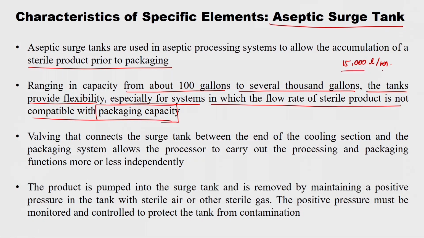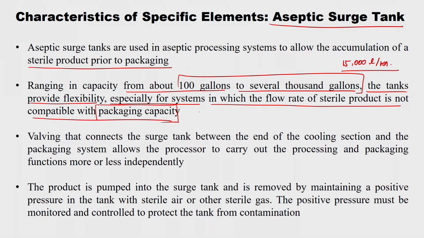So, I am producing 15,000 liters per hour, but I will only be able to handle less than that, then maybe of this size I will design the surge tank and keep the product, because the whole system is an aseptic environment only. So, I can store the sterilized product after the cooling section.